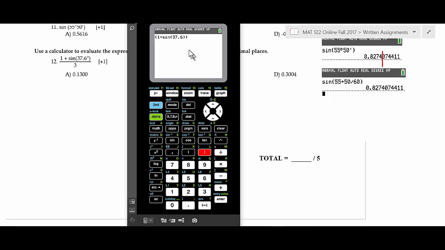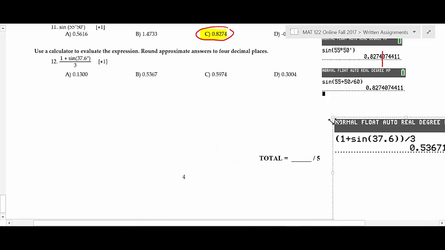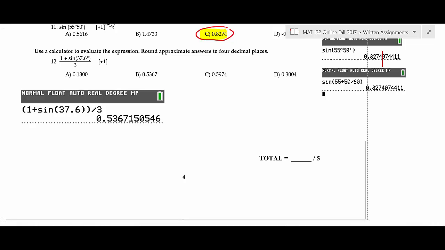I've got to double up on that parenthesis, and then divide by 3. Be in degree mode, and that should be how you would do that problem. You can pretty well just do that in one step on your calculator. If you round that to 4 decimals, that looks like 0.5367, so that looks like choice B.